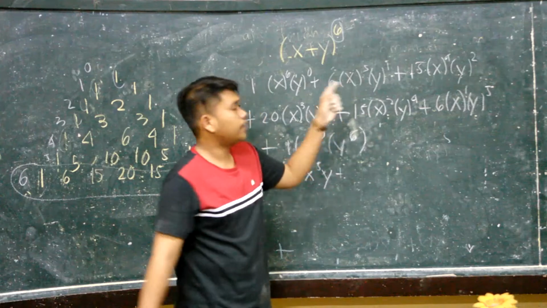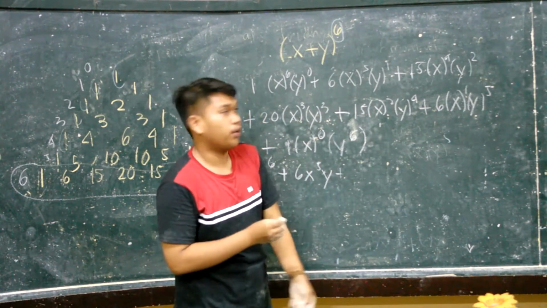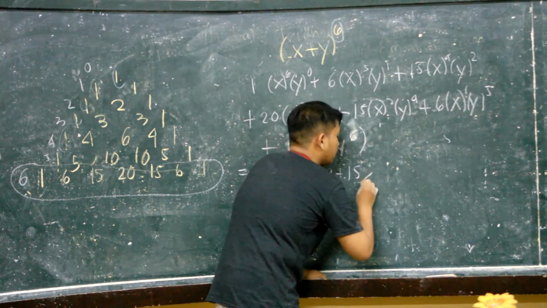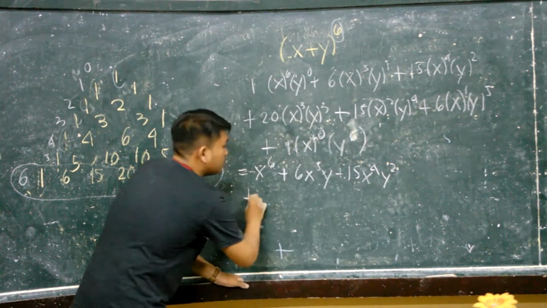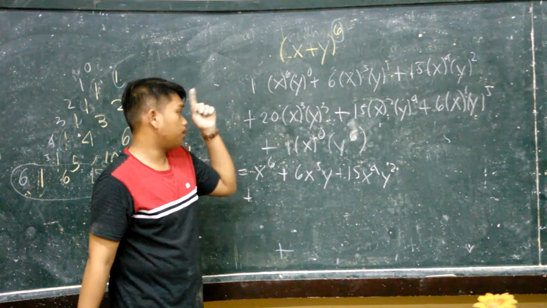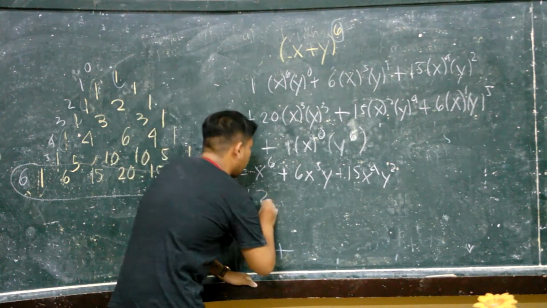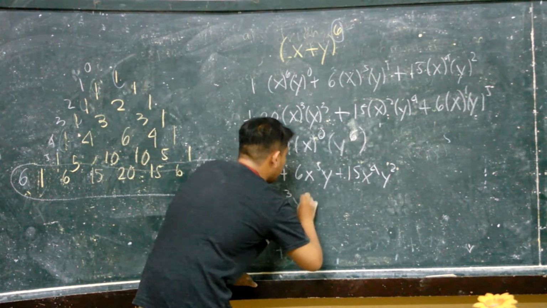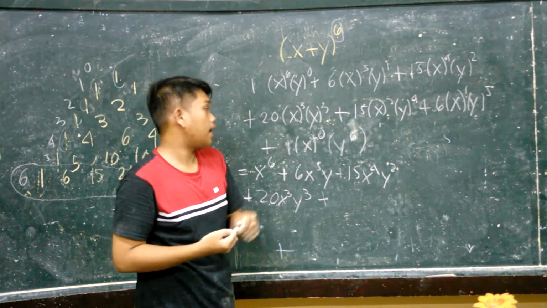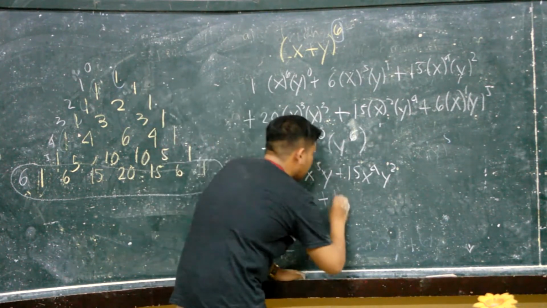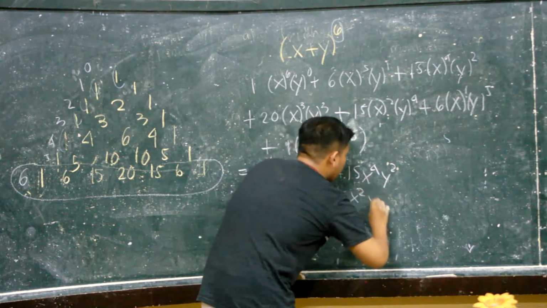And 15 times x to the fourth times y squared is 15x to the fourth, y squared. Plus 20 times x cubed times y cubed is 20x cubed, y cubed. Plus 15 times x squared times y to the fourth is 15x squared, y to the fourth.